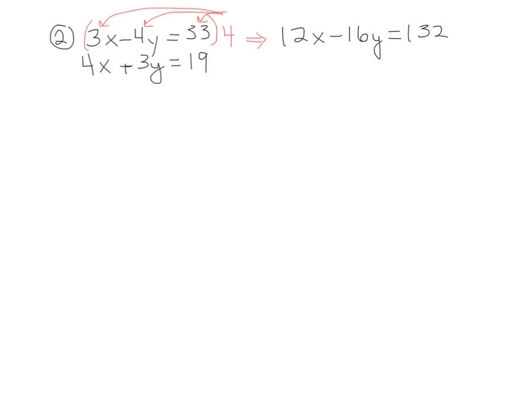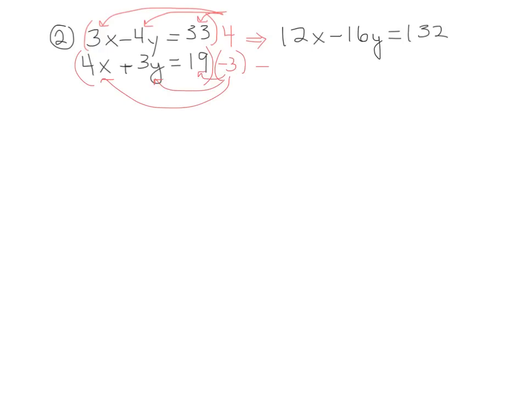Okay, so I just turned that into a 12x, so I need to turn the other one into a negative 12x. You want them to be opposites. So to turn this into a negative 12x, I'm going to have to multiply everything by negative 3. So again, distribute every term, both sides of the equal sign.